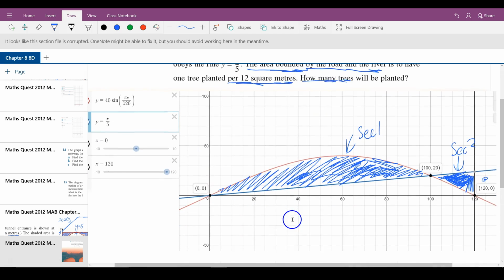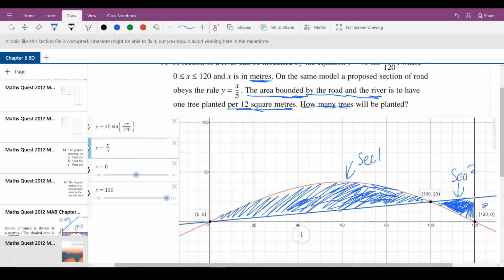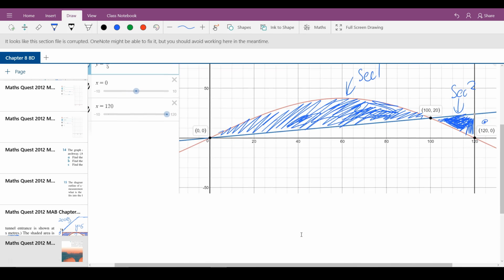Alright, and we've got everything we need, I suppose. Let's start with section 1 first. So we're integrating from 0 to 100, and it's top minus bottom, as always.